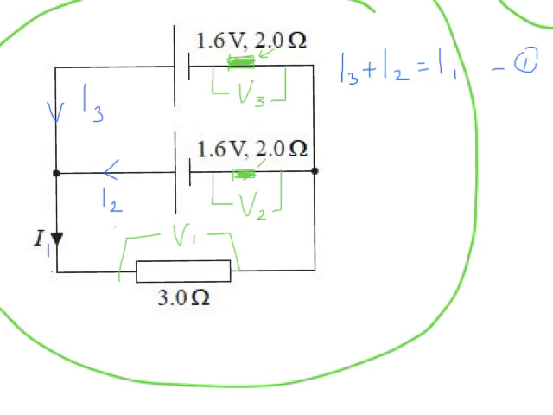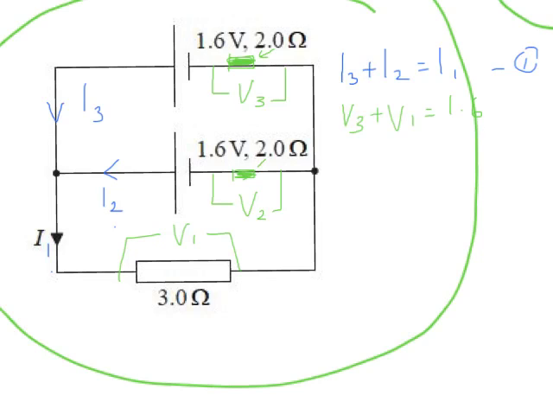So in effect we have 1.6 equals V3 plus V1. Let me write that down. V3 plus V1 equals 1.6. Now we need to bring it back to current eventually.